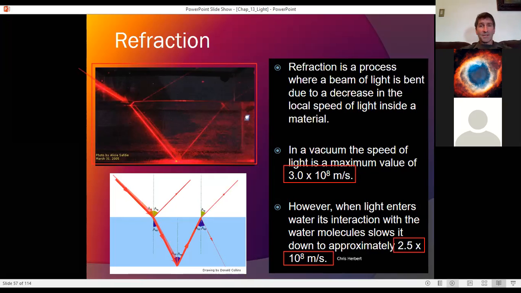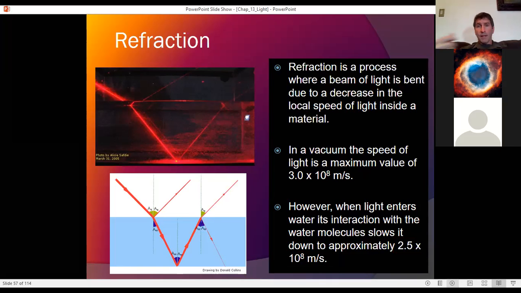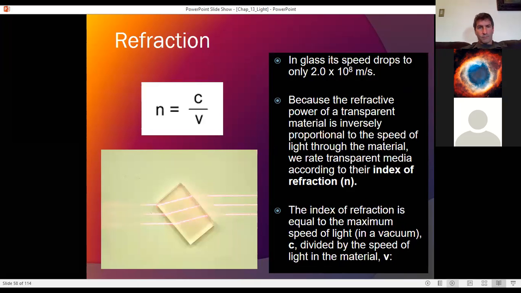In fact, in glass, it slows down even more, down to about 2 times 10 to the 8 meters per second. So refraction takes place as the atoms, they don't absorb or reflect or transmit light, but they use their own electric fields to interfere with the light and slow it down a little bit.